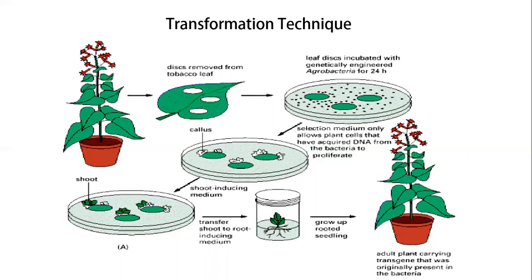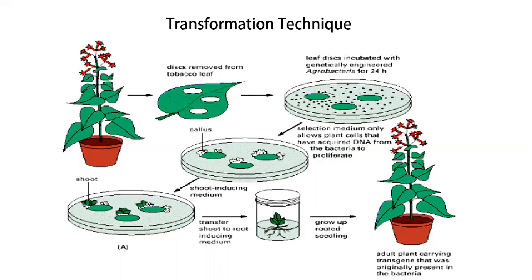After the overnight incubation in the selection media, these leaf discs are transferred into the plant regeneration media, basically a liquid media, so that organogenesis and embryogenesis can occur. These embryos can be transferred into shoot inducing media, followed by transfer into root inducing medium.